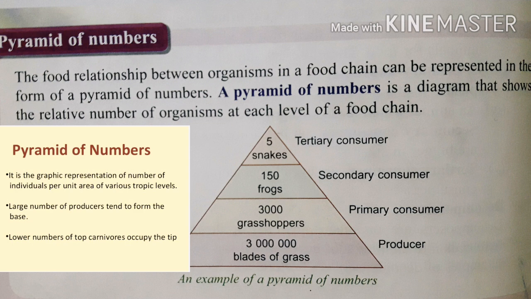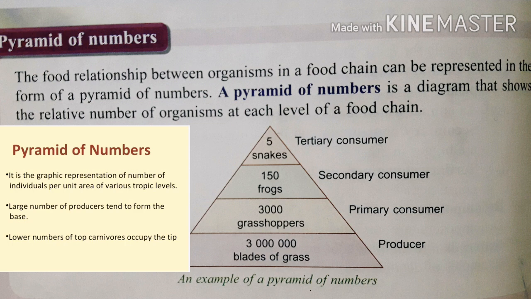However, that primary consumer will be eaten by the secondary consumer. In the third level, there are 150 frogs that eat the 3,000 grasshoppers, the primary consumers. Lastly, there are 5 snakes. That is the last or the top level, in which the tertiary consumer or snakes will be at the top, right?